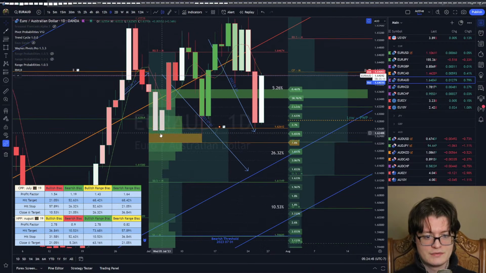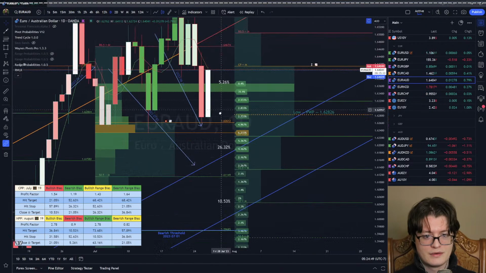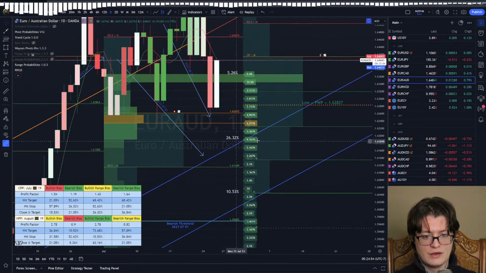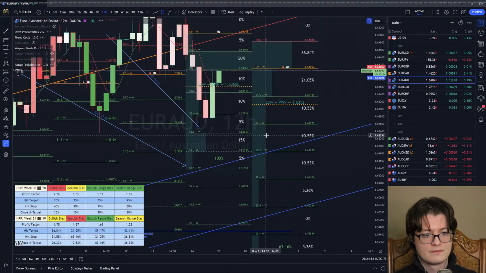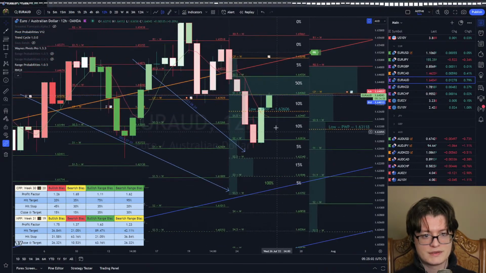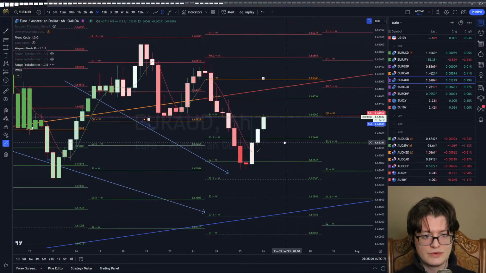Check that out. It's hit this spot 3 times now. Wow. It'll probably continue to hold that low, based off the odds I'm seeing. But yeah, that is a huge move.